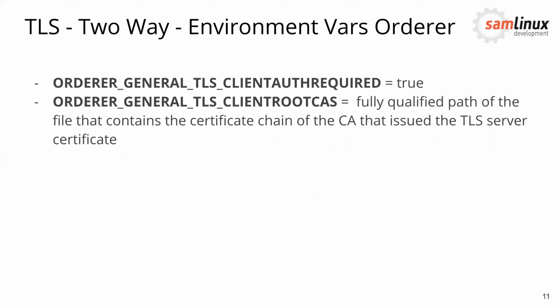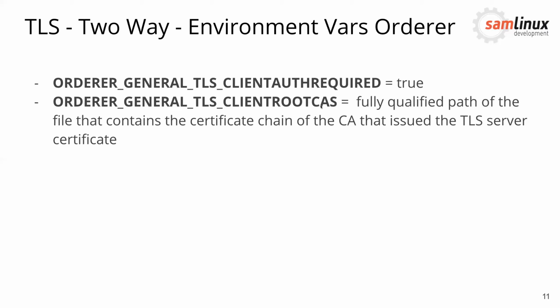And for the orderer, it's the same. There are 2 environment variables and also a general environment variable to enable this kind of authentication, and then here the client root CA path.